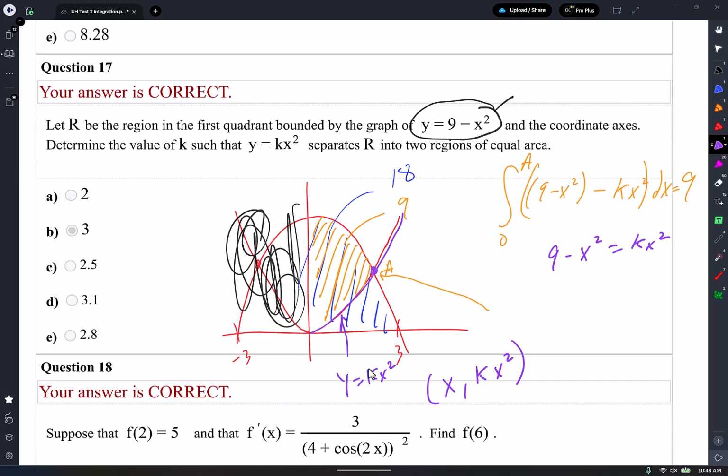I move the x squared to the right: 9 equals kx squared plus x squared. Factor out x squared: 9 equals x squared times parenthesis k plus 1. x squared equals 9 over k plus 1, and then square root: x equals 3 over the square root of k plus 1. Man, that's a hard one.